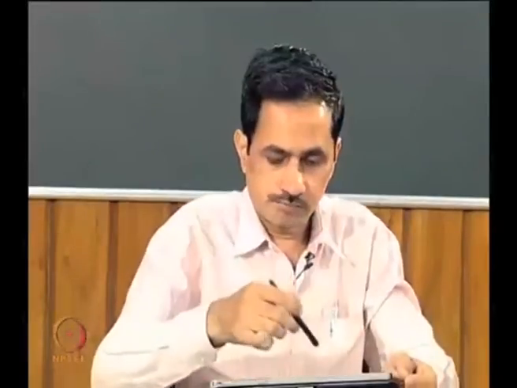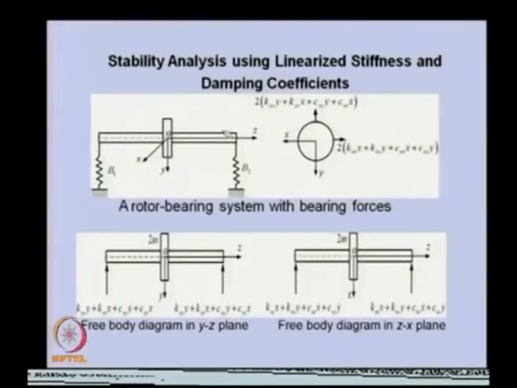Let us say there is a rotor, the mass of the rotor is 2m, mounted on two identical fluid film bearings. Their properties are identical, and this is basically a model using all eight linearized stiffness and damping coefficients as we discussed in the previous class.